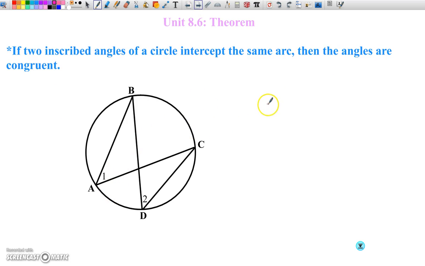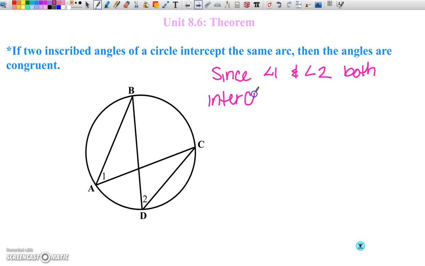Now we have two inscribed angles. When you have two inscribed angles in a circle that intercept the same arc, meaning they form the same arc, then those angles are going to be congruent. So since angle 1 and angle 2 both intercept arc BC, angle 1 is congruent to angle 2.